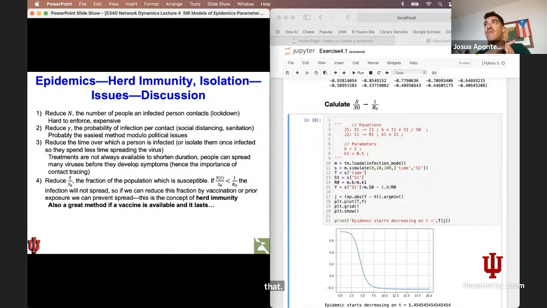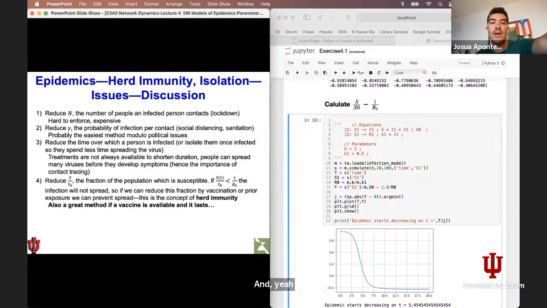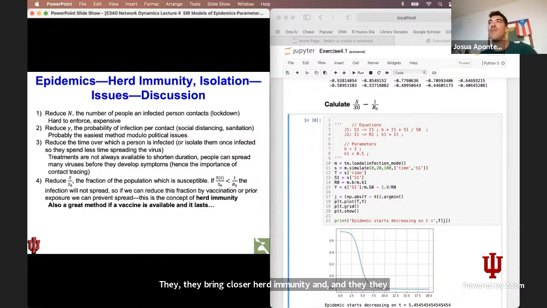Vaccinations decrease the number of susceptible individuals, depending on the type of vaccine we're talking about and its effectiveness. By that they bring closer herd immunity, and they bring closer the tipping point of the infection.